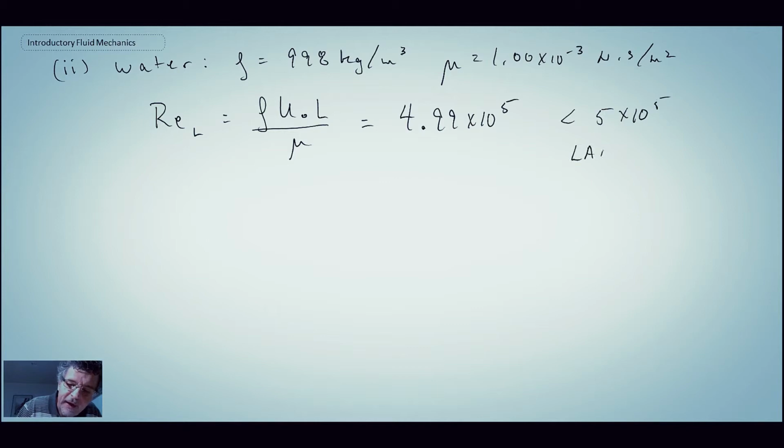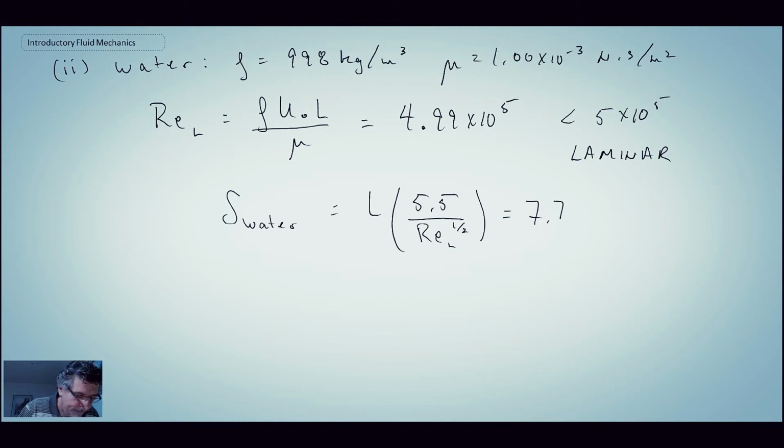We can still say it is laminar flow, although we are getting very close to the point where the flow will undergo transition to a turbulent boundary layer. But with this, we can now evaluate the boundary layer thickness for water, and it is even thinner than it was for air, about 0.3 inches or about 8 millimeters.